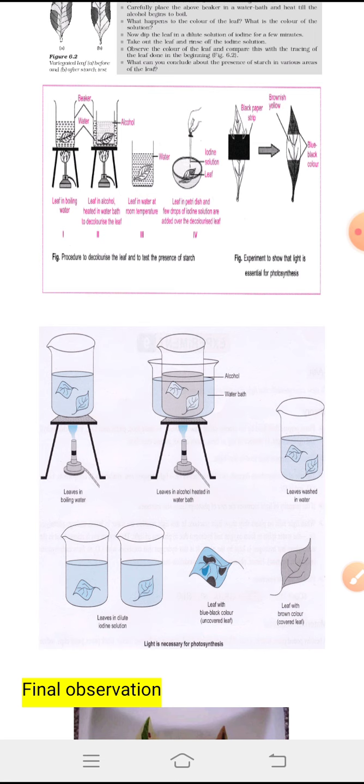Definitely I will conduct it, so that you understand how to do it, how we can conclude that the chlorophyll is removed in the alcohol solution, and how the starch is tested using the iodine solution. All these things we will understand only when we perform this activity.